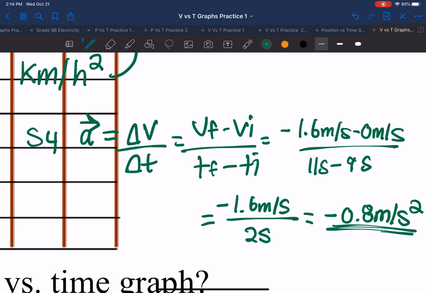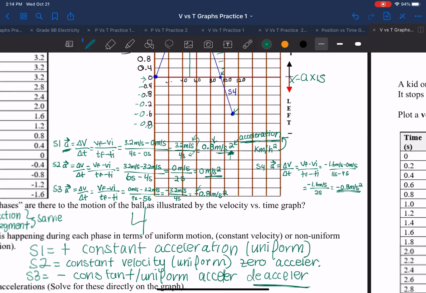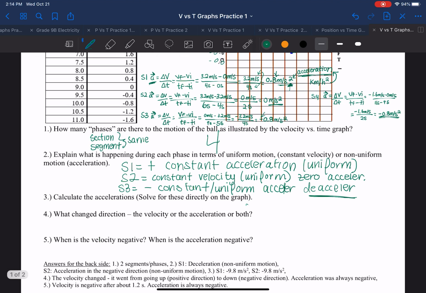Alrighty, so we answered it, okay? S3 is indeed the same acceleration as S4. It's part of that same line going down into the negative values, so therefore we expect that when we solve for acceleration of both those lines, it's going to be the same. Alright, so we did that question.